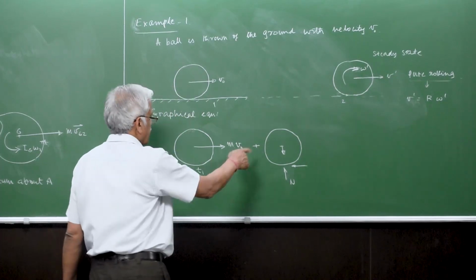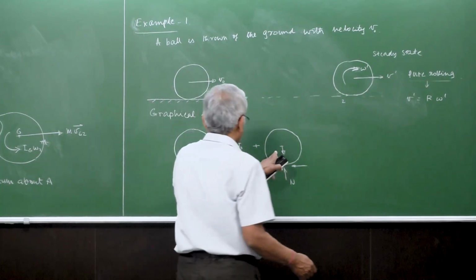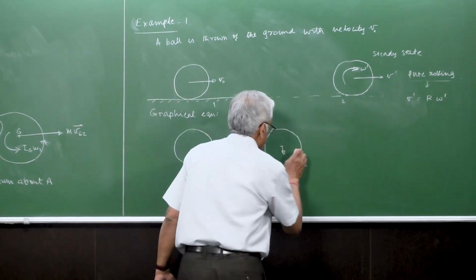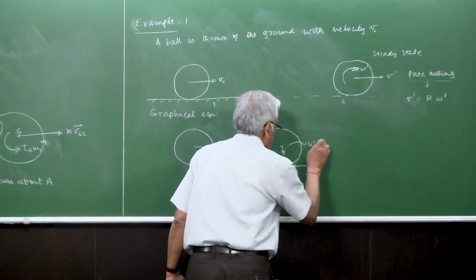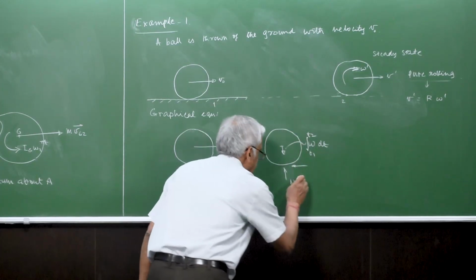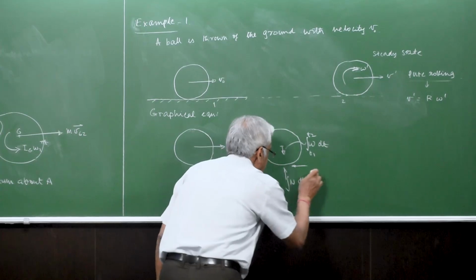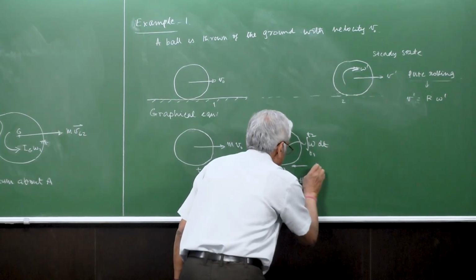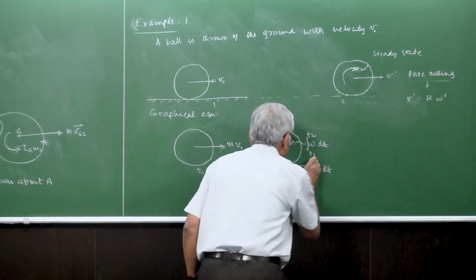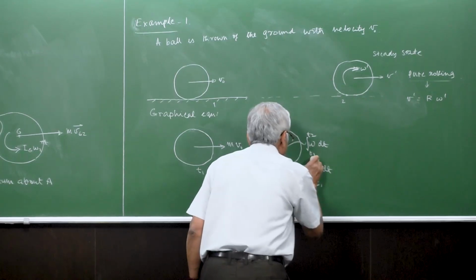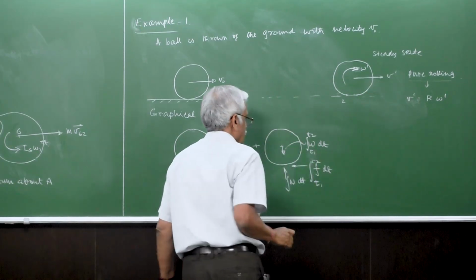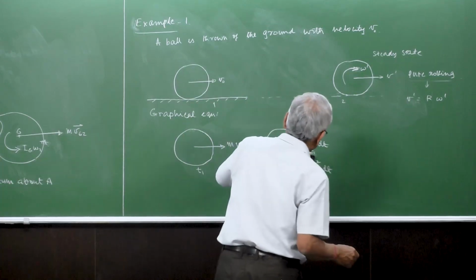But when we want to add the effect of these to this linear momentum, we have to integrate. So this is W times dt from T1 to T2 because of the weight, and this is N dt. All the impulses are now taken care of.